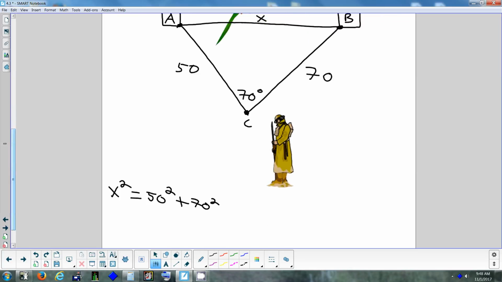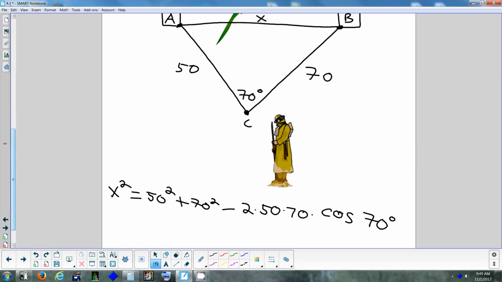Yep. Parentheses, minus 2 times 50 times 70. Yep. So twice the product of the other two. And the last part? Cosine 70. Yep. Cosine of the angle that's across from the side you're trying to find.